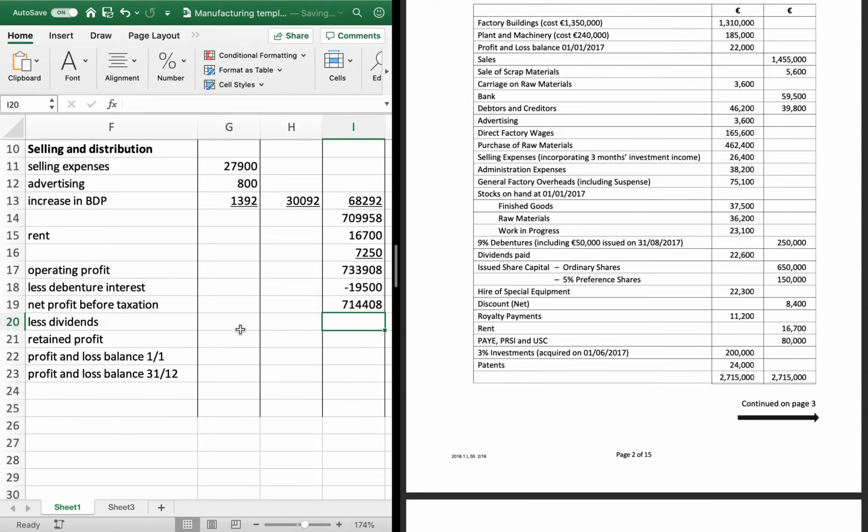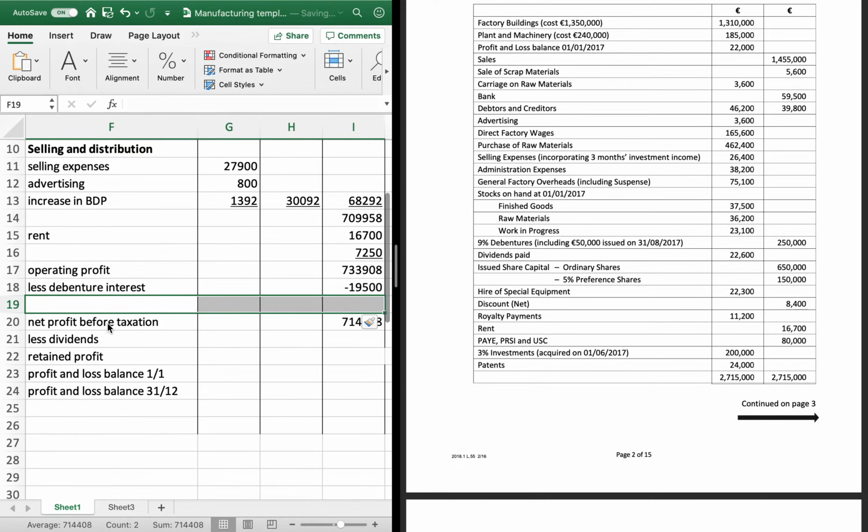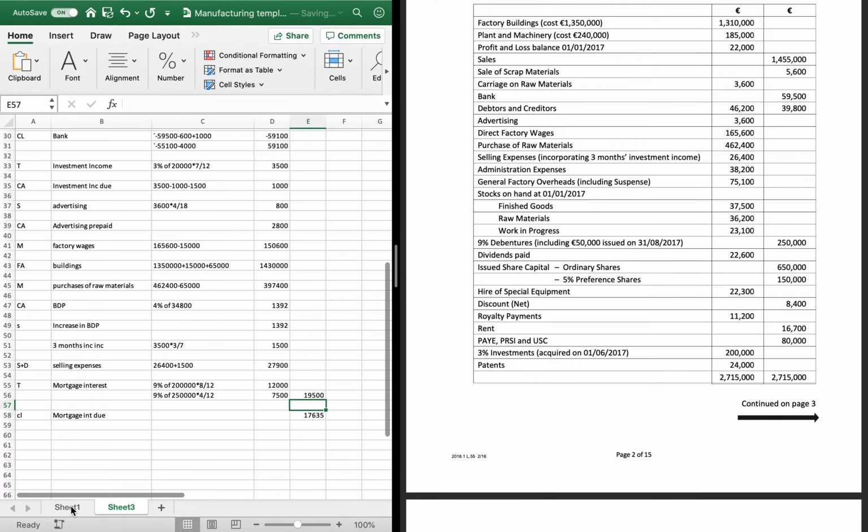Okay, so dividends. There was a dividend paid, all right. Do you know what I didn't do? I never put in my investment income. So I'm going to add in my investment income here, which was the 3.5, I think, wasn't it? Yeah, 3,500.